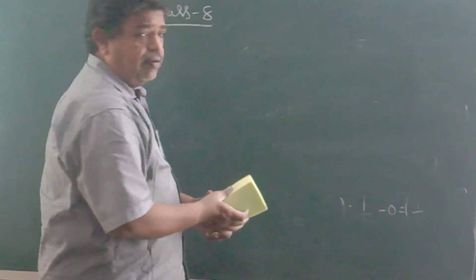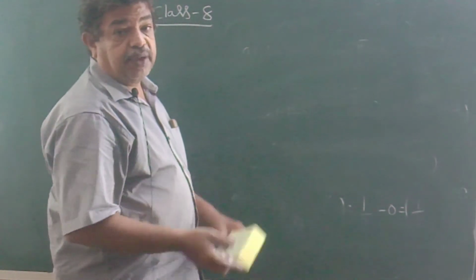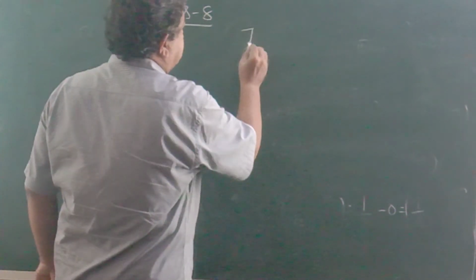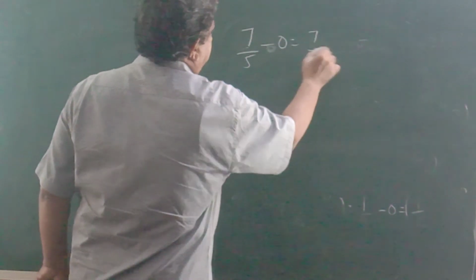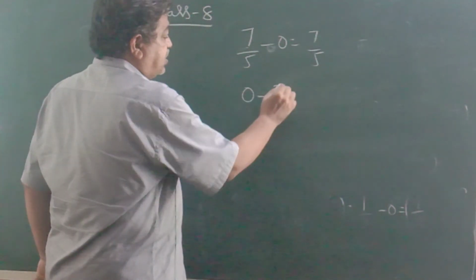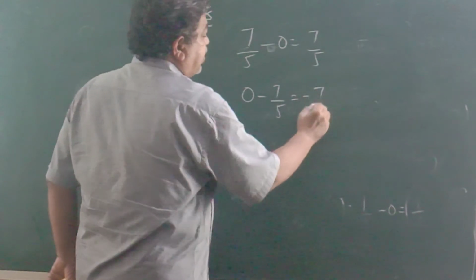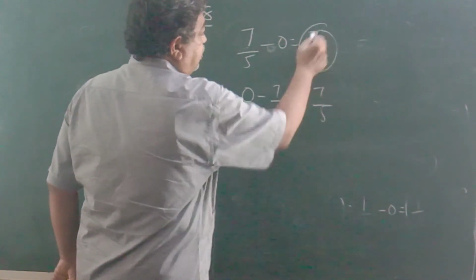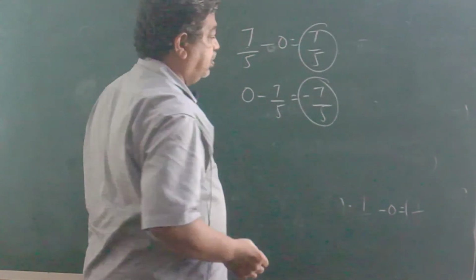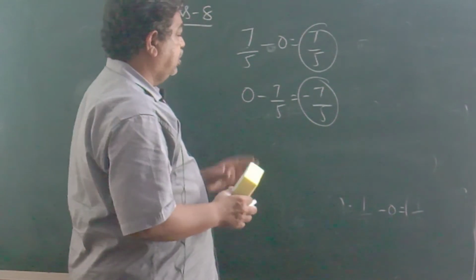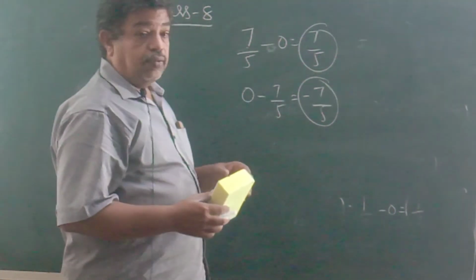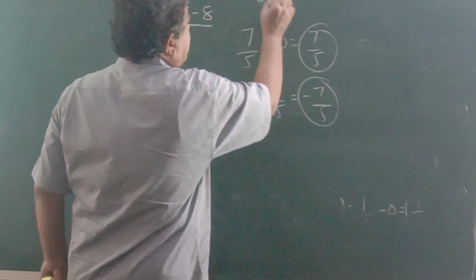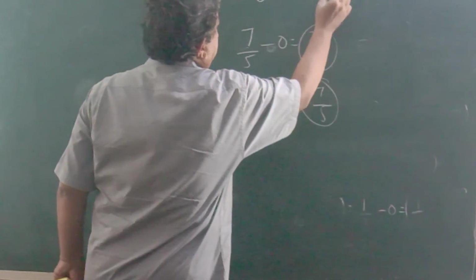Similarly, we can verify whether rational numbers have identity property under subtraction or not. What is 7 by 5 minus 0? It is equal to 7 by 5. What is 0 minus 7 by 5? It is minus 7 by 5. Now we are checking whether a minus 0 is equal to 0 minus a or not.